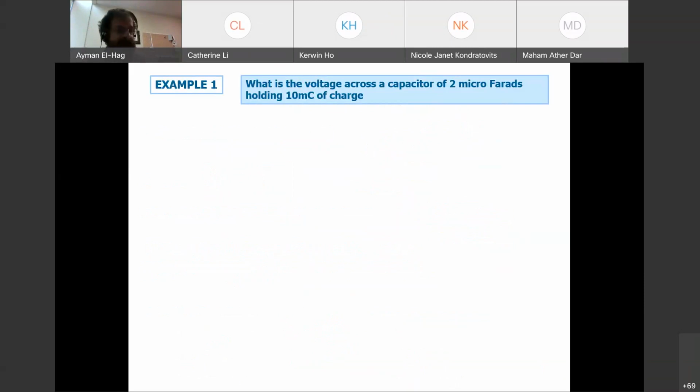The first question is, what is the voltage across a capacitor of 2 microfarad? So we have C is equal to 2 microfarad, and 2 microfarad is equal to 2 times 10 to minus 6 farad, holding 10 millicoulomb of charge.